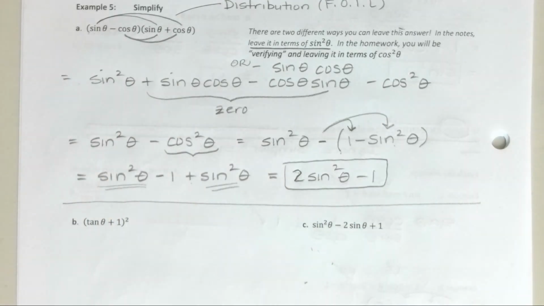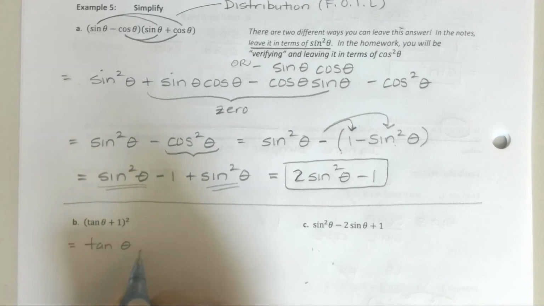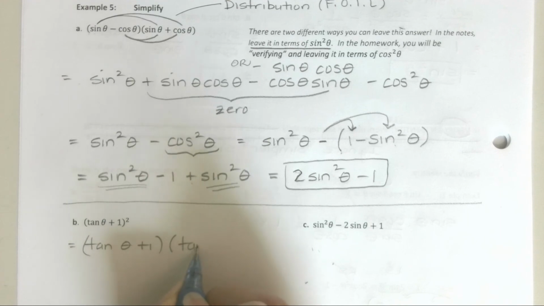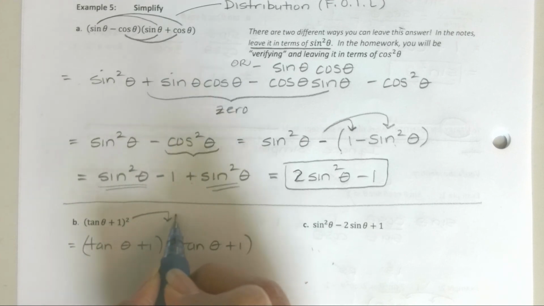Okay. Last 2. For part B, whenever you see a squared term, that just means that you are going to multiply. So I want you to distribute this one on your own. I'm just reminding you that squared means write twice, okay?